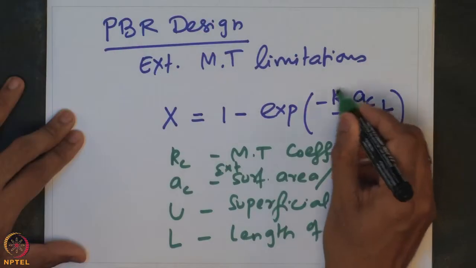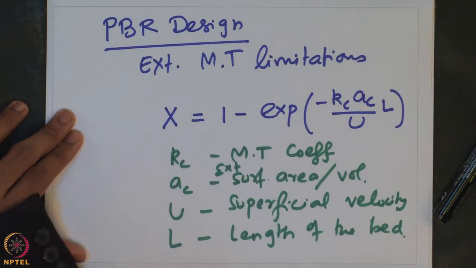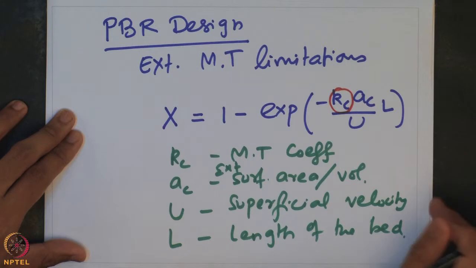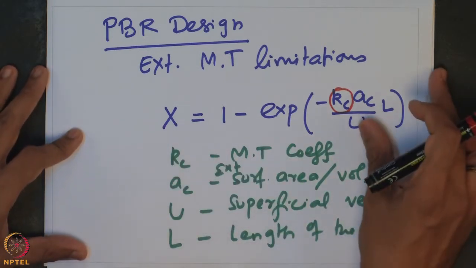If we have to improve the conversion for a given reactor, given catalyst and given reaction, whose intrinsic kinetics is fixed, and the reactor is operated under external mass transport limitations, one way to do that is by tweaking this mass transport coefficient. If we can improve the mass transport coefficient somehow, then we will be able to improve the conversion to a great extent. So, let us see how to do that.